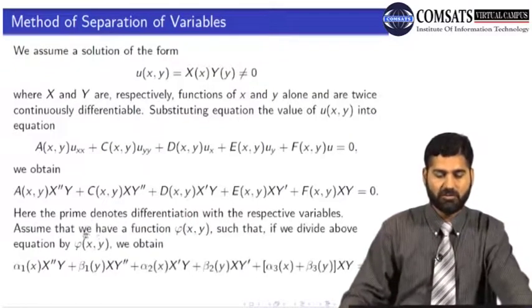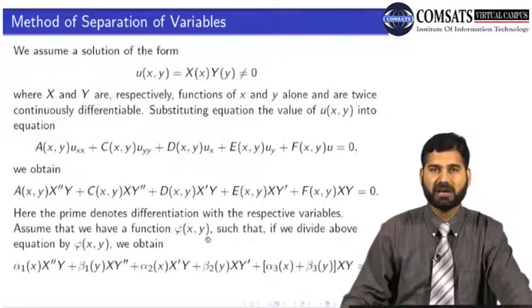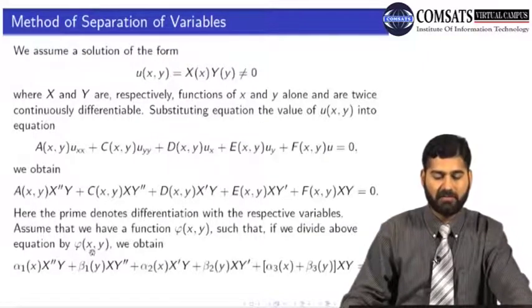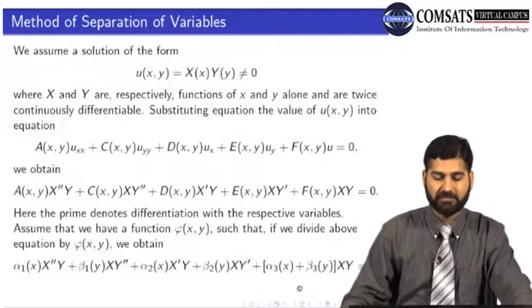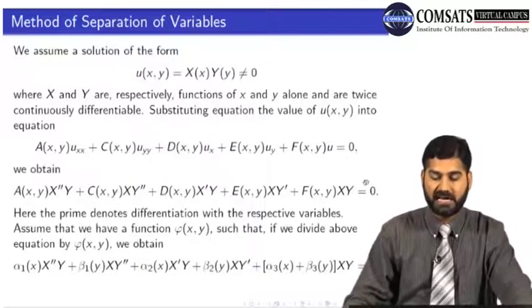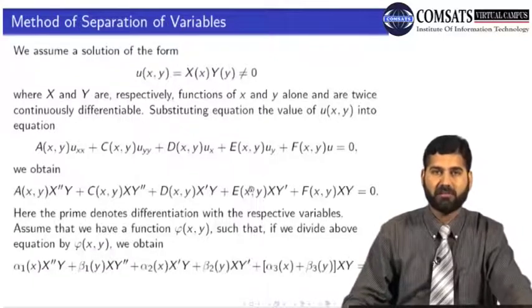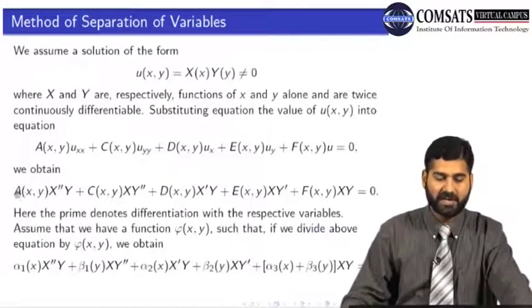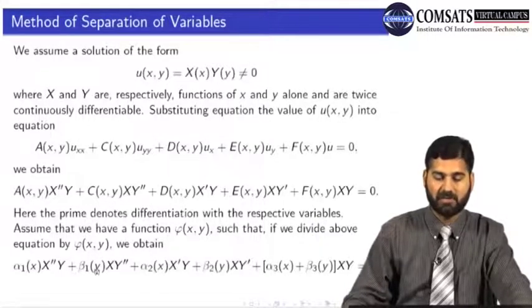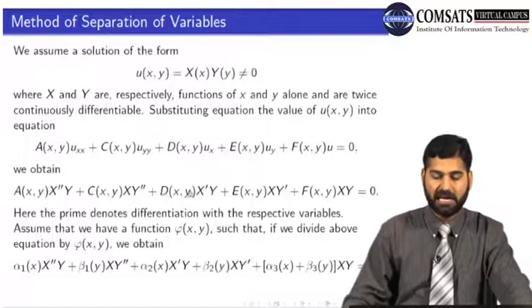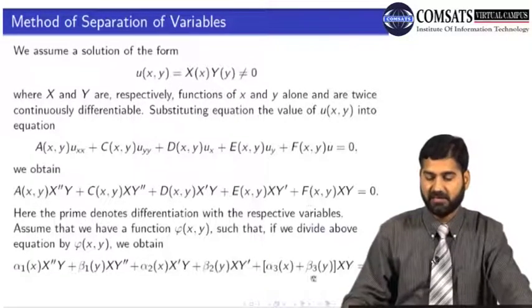All right. Assume that we have a function phi of x,y such that if we divide the above equation by phi(x,y), we obtain this. So the coefficients reduce to only one variable. All right. So a(x,y) just becomes alpha 1(x), c(x,y) just becomes beta 1(y), d(x,y) becomes alpha 2(x), e(x,y) becomes beta 2(y), and similarly for all these variables.